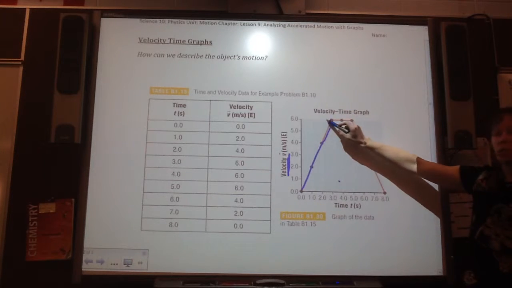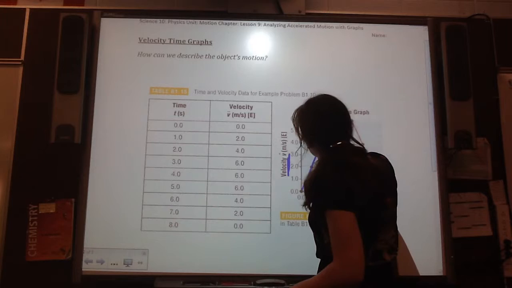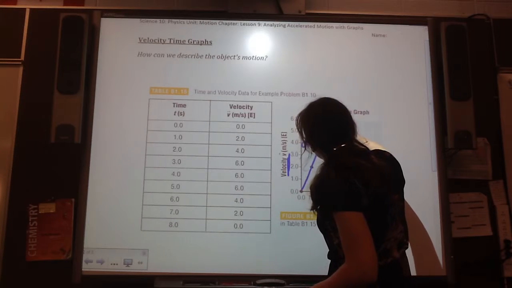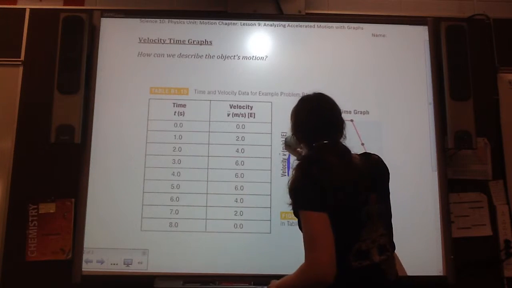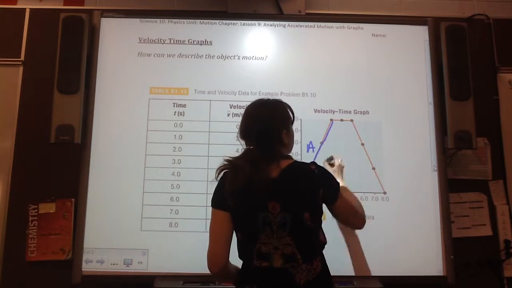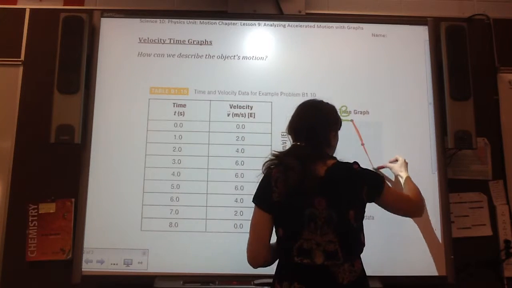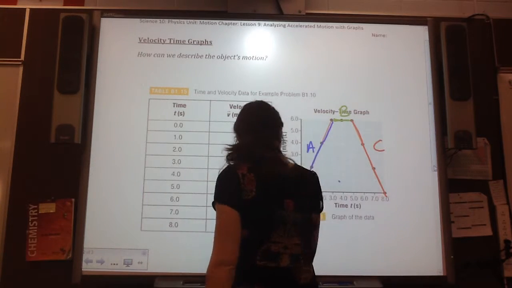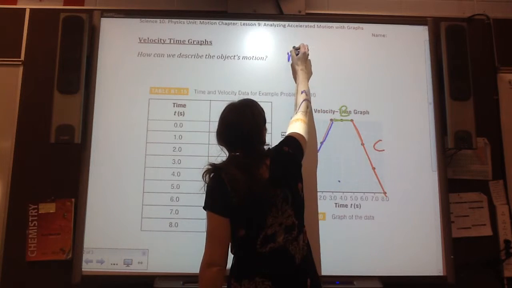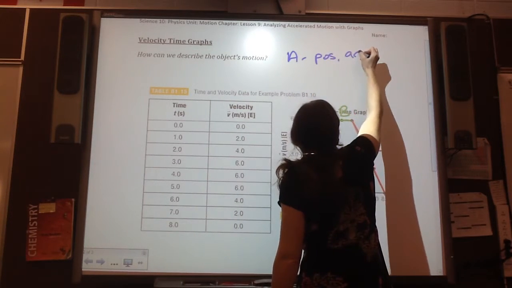So I'm increasing, so this shows acceleration, right? This is acceleration. Actually, let's do this. Let's put this is section A, this is section B of the graph, and this is section C of the graph. So section A shows positive acceleration.